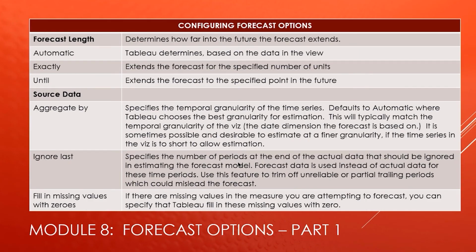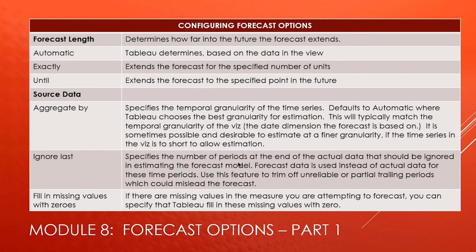On this slide, we're talking about configuring forecast options. So the first option you'll eventually see is the forecast length, and that determines how far into the future the forecast extends. The choices for forecast length are automatic, exactly, and until.